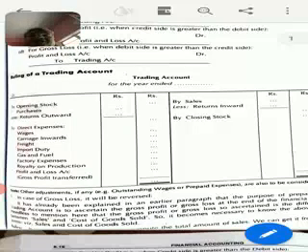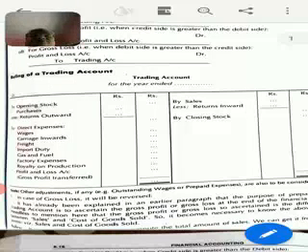Adjustment means that after the problem some information will be given, and that information we need to incorporate in the trading account. Now the first information is the closing stock, that is stock at the end of the accounting period, and that stock needs to be taken to the trading account at cost or market value, whichever is less.